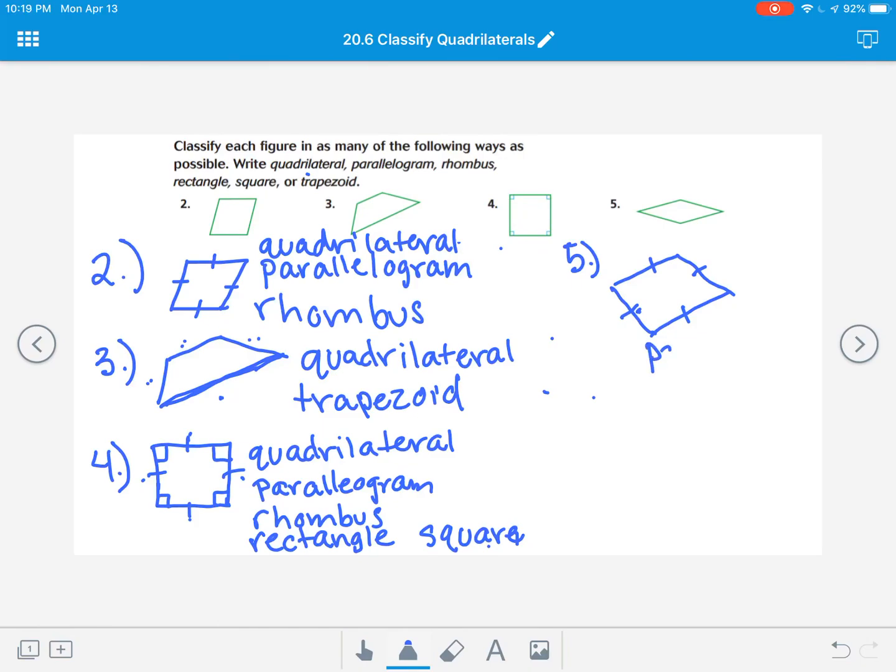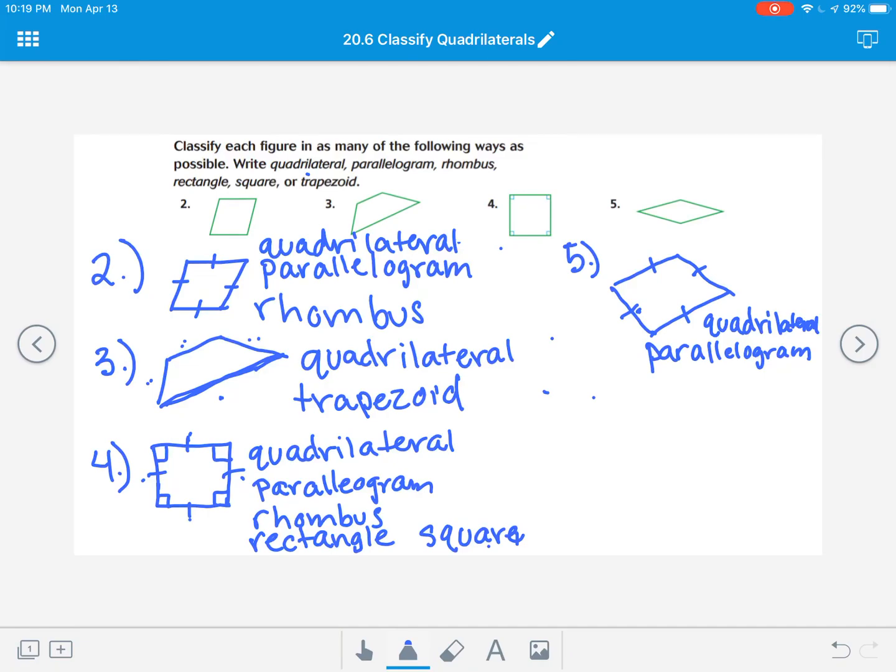So we know it's a parallelogram because it has 2 sets of parallel sides. We know it is a quadrilateral because it has 4 sides. Let's take a look. Is it a rhombus?